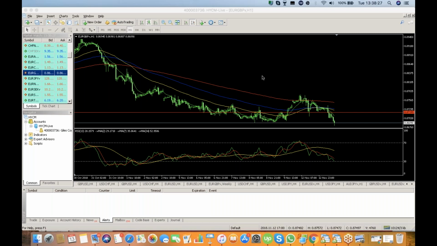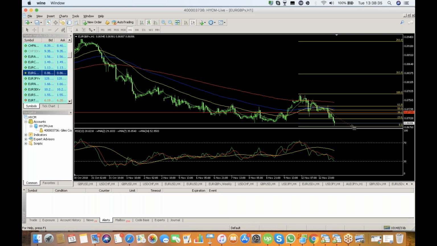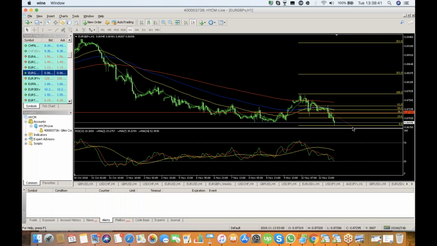Okay, so having a look at this euro pound, we have a bias to sell. So we're going to put the Fibonacci retracement here, from those recent highs down to this low. Key areas where we want to trade from are areas where we have a confluence of different factors.